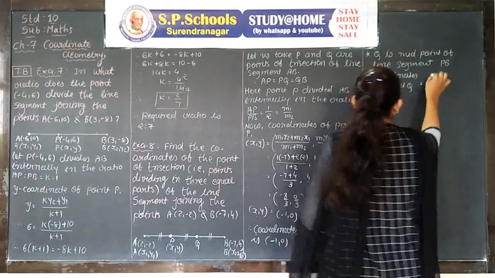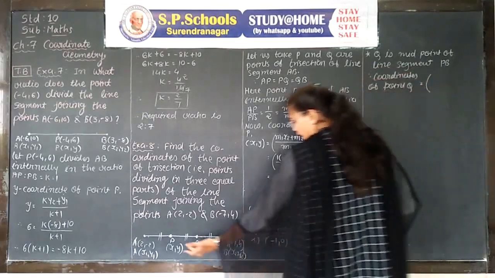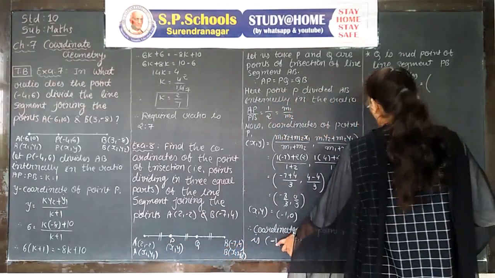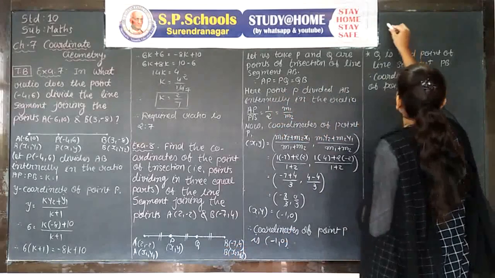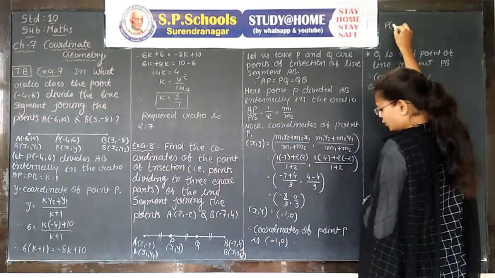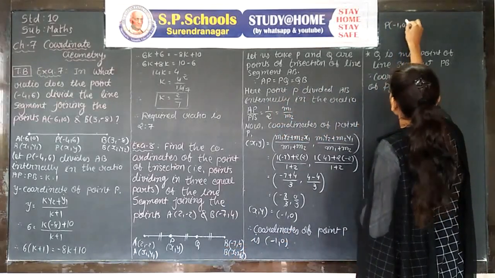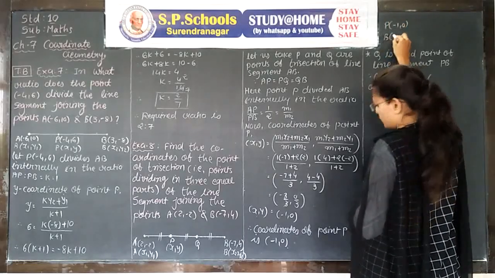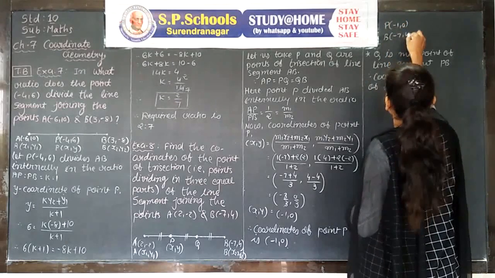Q is equal to addition of x coordinates. If you are not able to write directly, then first of all write the coordinates of P and the coordinates of B: -1, 0 and -7, 4.